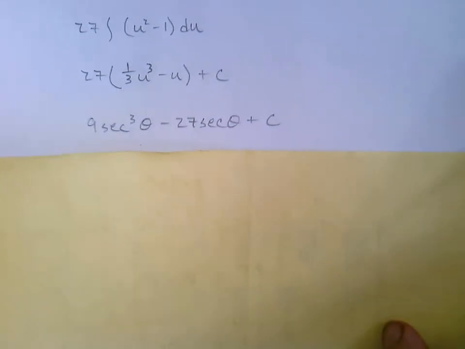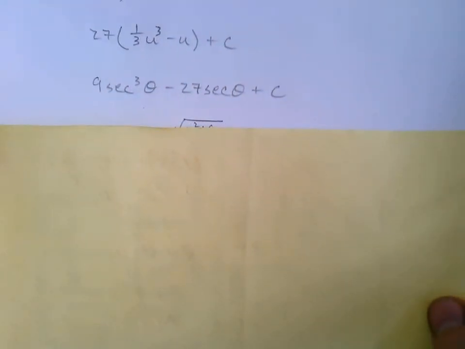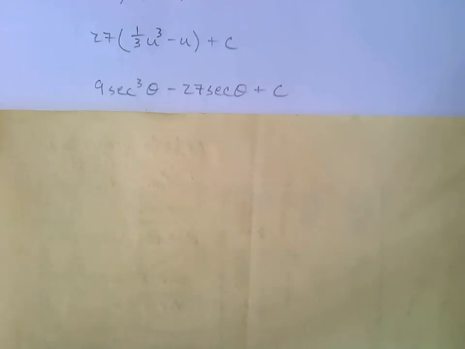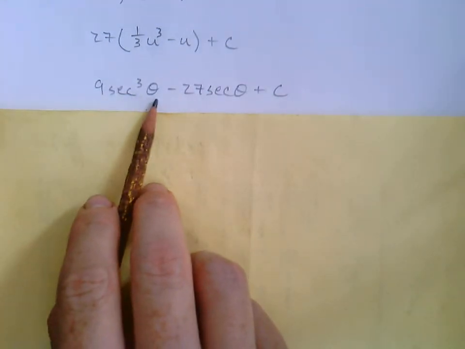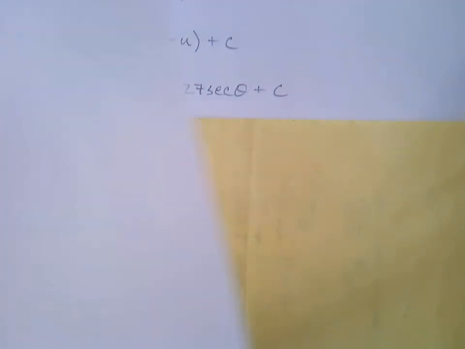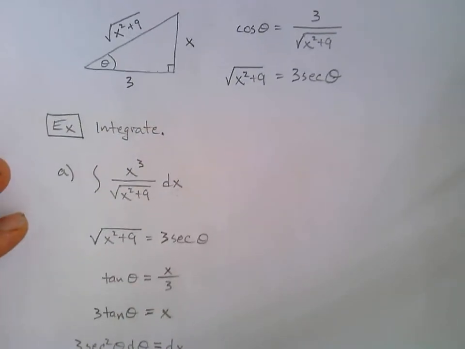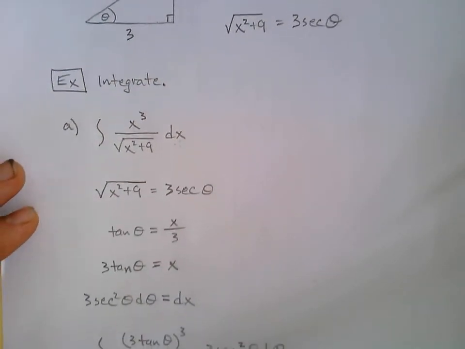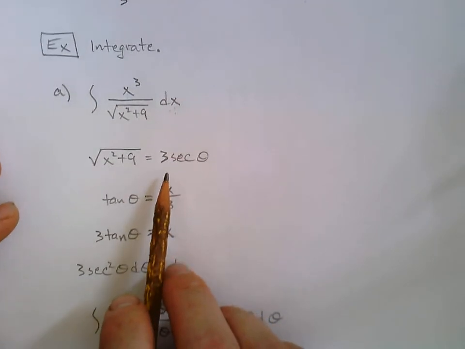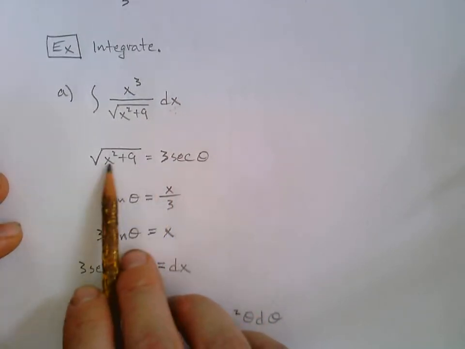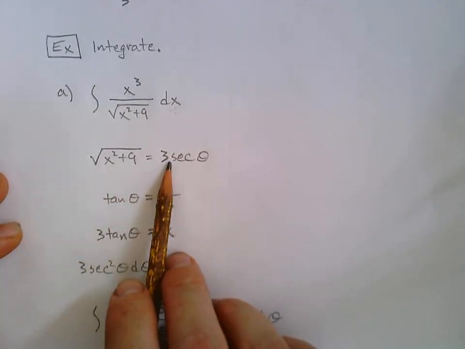Well, maybe I'll grab the previous page here. We have secant theta in both cases. And if you recall from before, we had square root x squared plus 9 equals 3 secant theta.